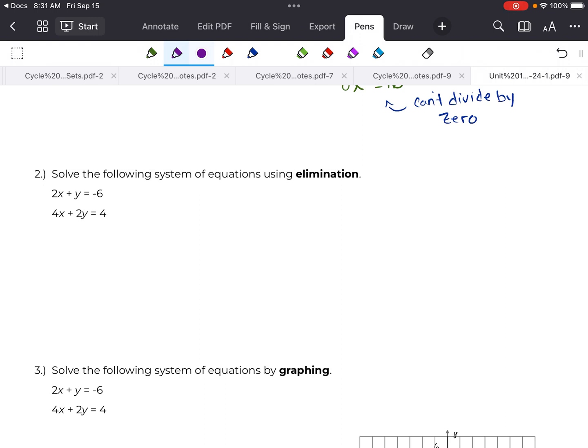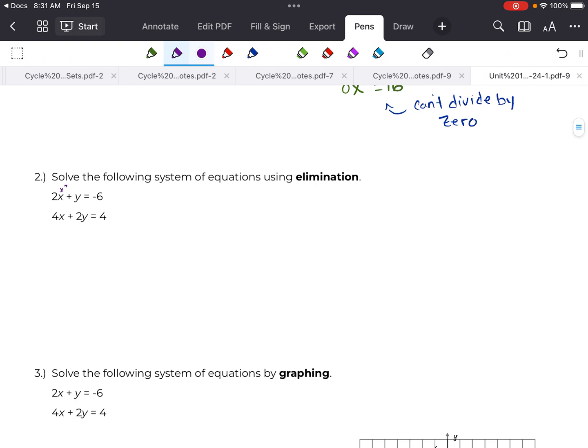But let's multiply this top row by 2 so that it will match. So we have 4x plus 2y equals negative 12. And on the bottom we have 4x plus 2y equals 4. It doesn't matter which variable you choose, they both have the same coefficient.